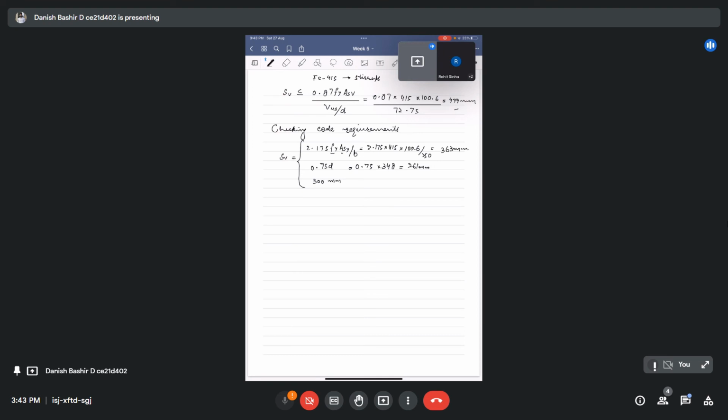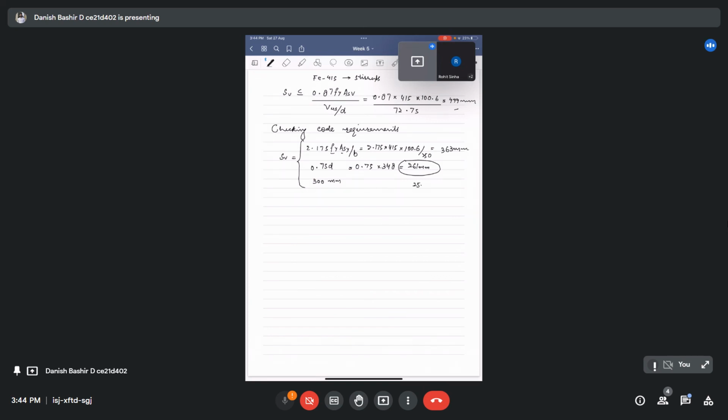We have to provide the lesser of the three, so the deciding criterion will be 261. To be on the safer side, we will reduce this further, because we have to report everything in multiples of 25.